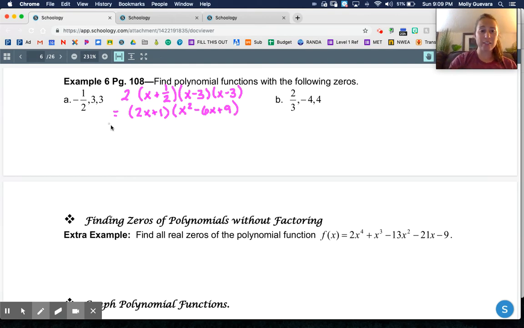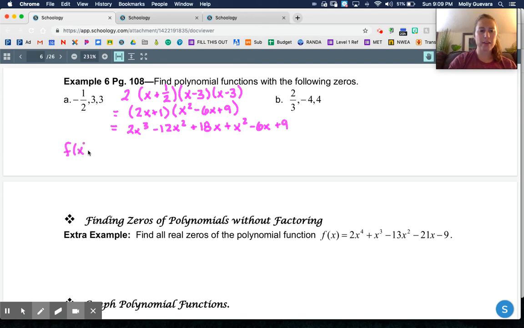Now I have to distribute. So 2x times x squared is 2x cubed, 2x times negative 6x is negative 12x squared, 2x times 9 is 18x, 1 times x squared is x squared, 1 times negative 6x is negative 6x, and 1 times 9 is 9.